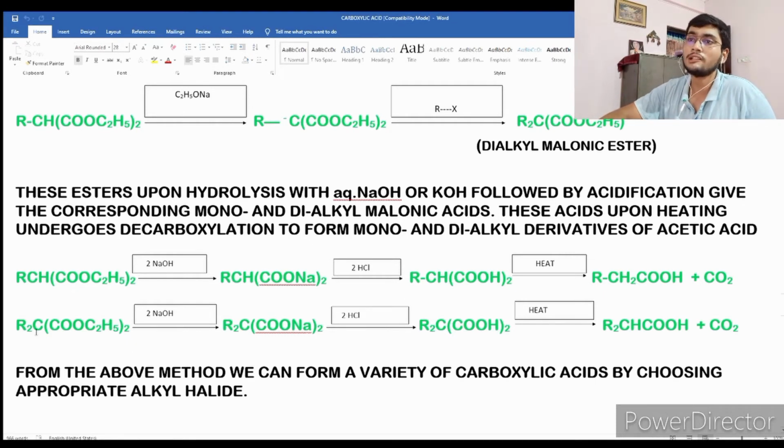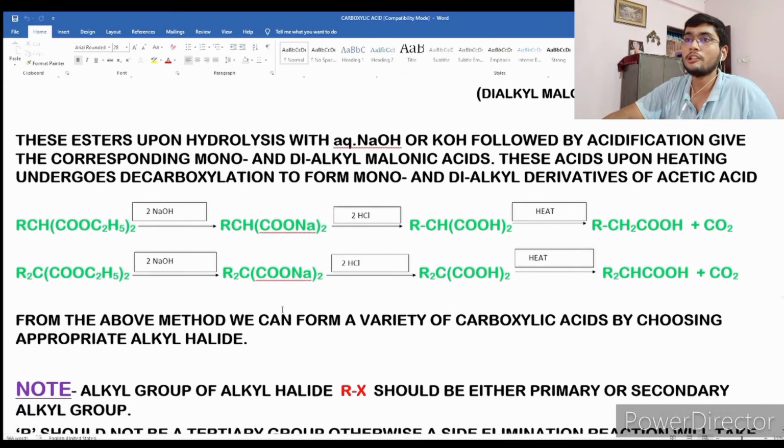Now if we use a dialkyl malonic ester and follow the same procedure, we will get this carboxylic acid. Now you see this, here 2 R are given, here 1 R is given, because we have taken monoalkyl in the first case and dialkyl in the second case. As you can see, R is a general term, an alkyl group is a general term, we can use any alkyl group. So by this method, by malonic esters, we can prepare a variety of carboxylic acids.